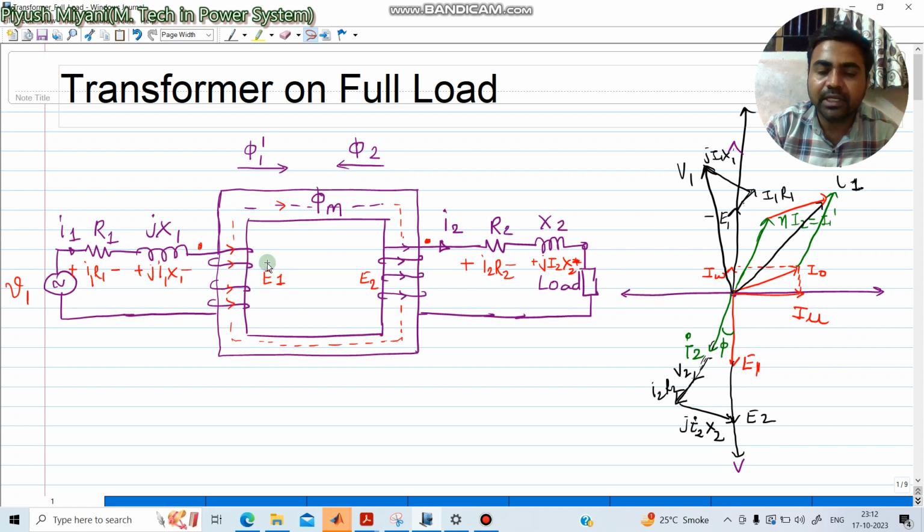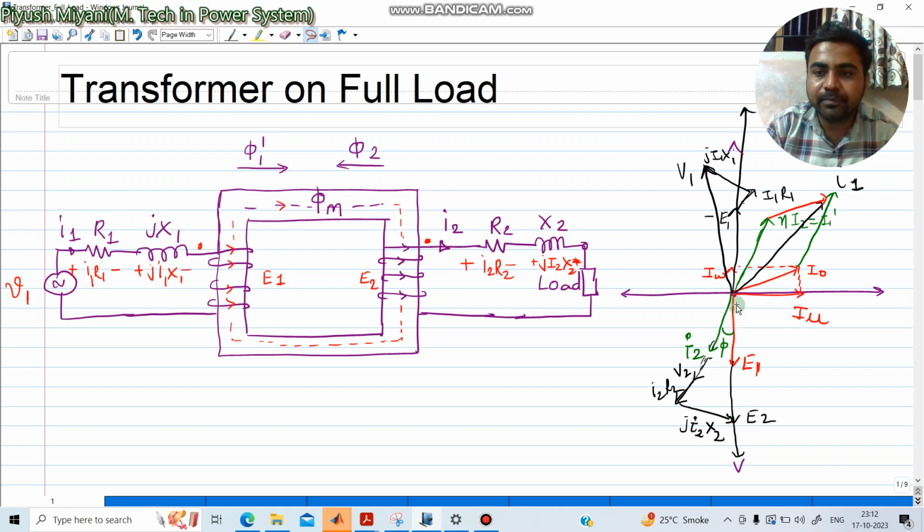This E1 will be produced in a direction so that it opposes the supply voltage. So V1 and E1 will be 180 degrees out of phase, and V1 and E2 also will be 180 degrees out of phase. In that way E1 and E2 both will be in phase, like I have shown here.